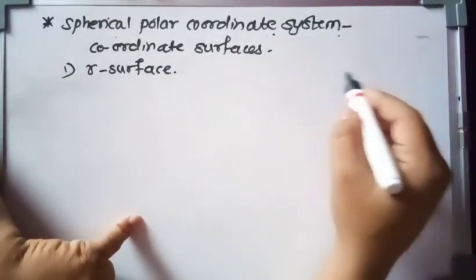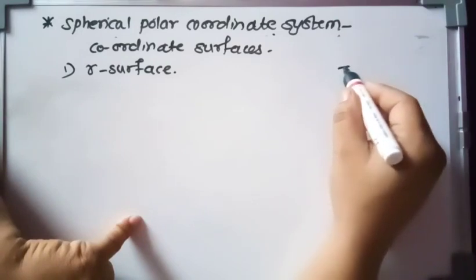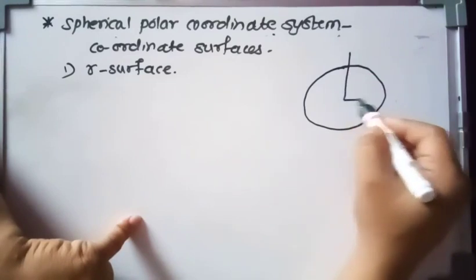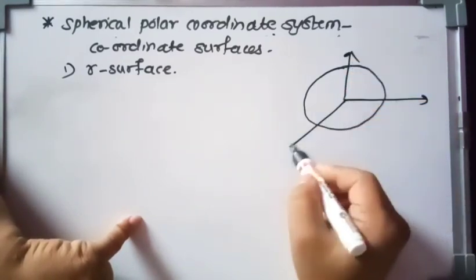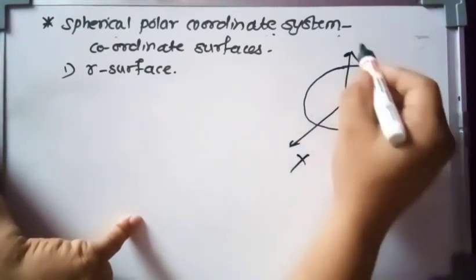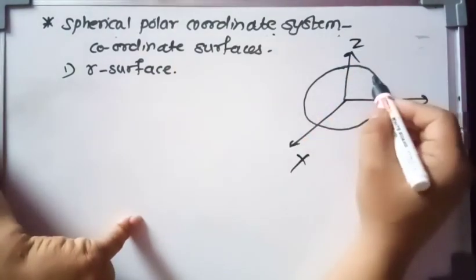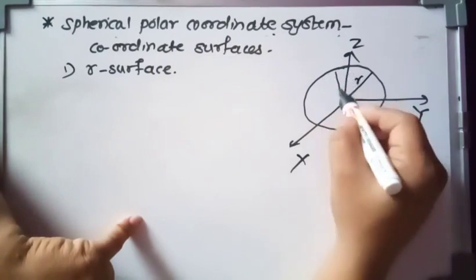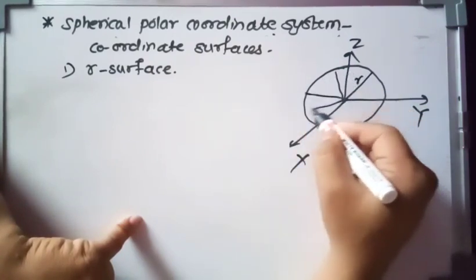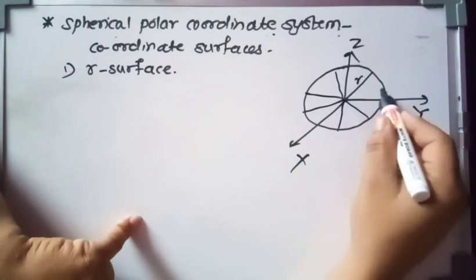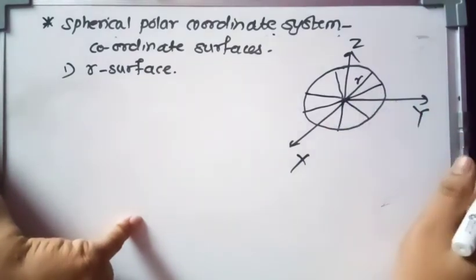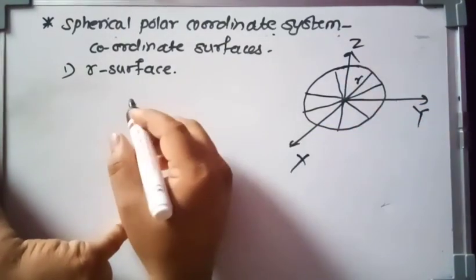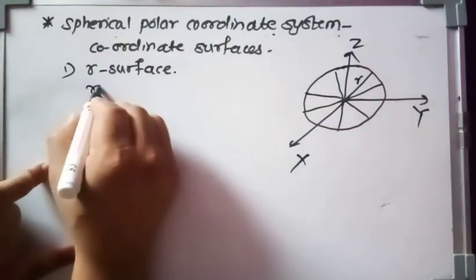Now see, this is Cartesian coordinate system. We have drawn a spherical surface. Here is R coordinate, and R coordinate is constant for any point on the surface, known as radius of sphere, and therefore spherical surface is known as R surface, for which R is constant.